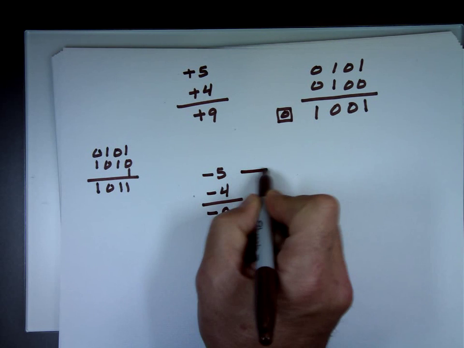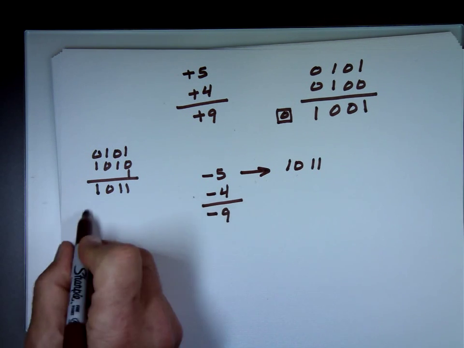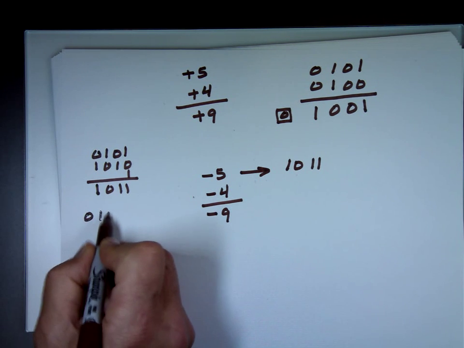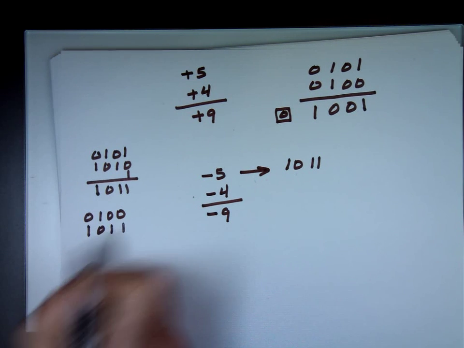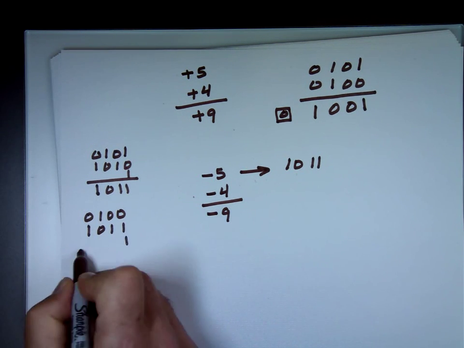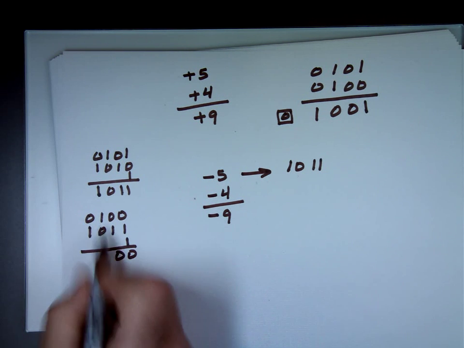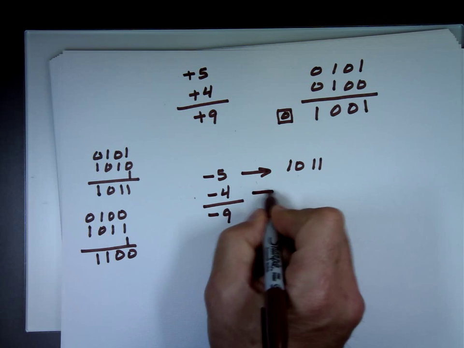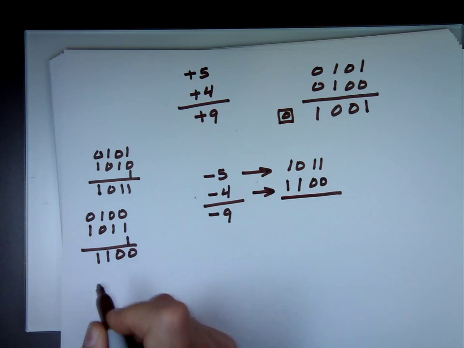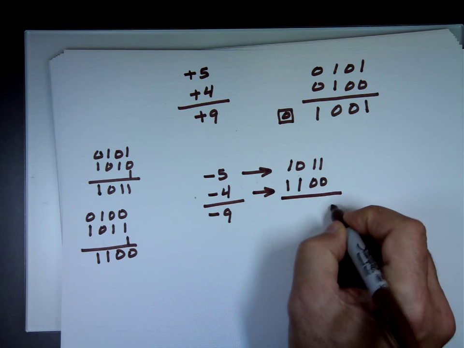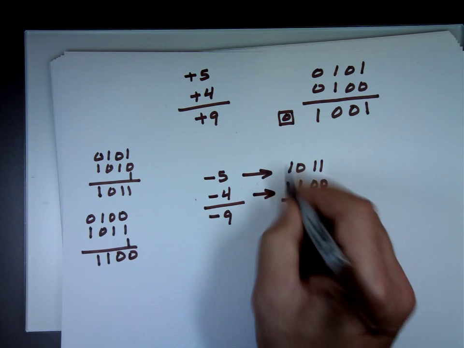Watch this now. Let's take the negative 4. What's 4? 0, 1, 0, 0. Complement that, 1, 0, 1, 1. Add 1 to that. What do we have? 1, 1, 0, 0, carry 1.